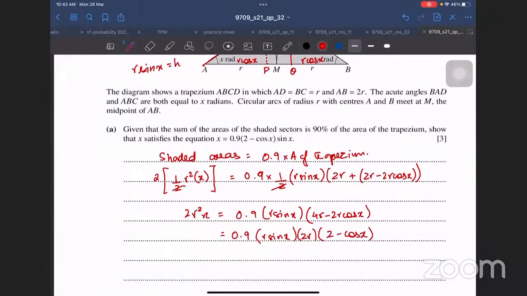Out of the third bracket, I've pulled out a 2r common. So 2r square x. So I can cancel out the 2's. I can cancel out r squares. So I'm left with x equals 0.9 sine x, 2 minus cos x.